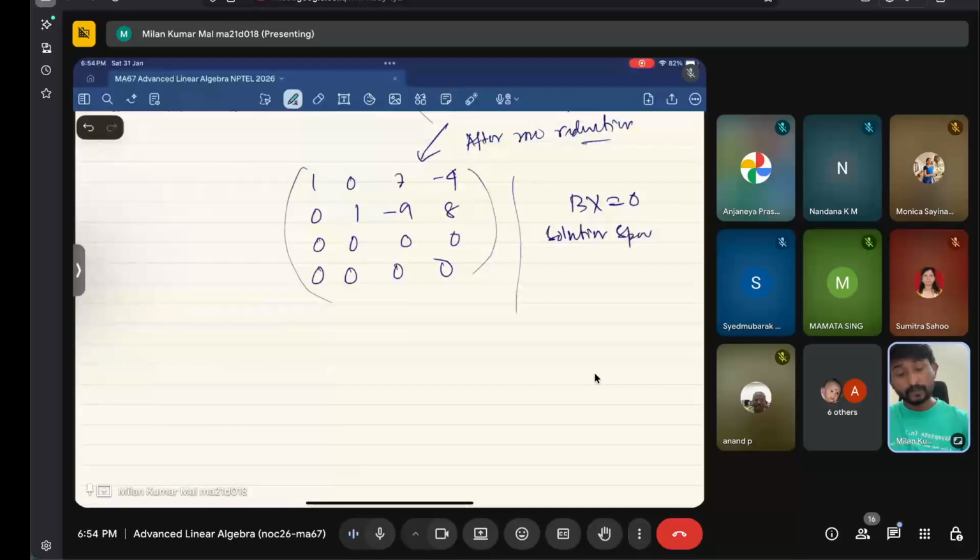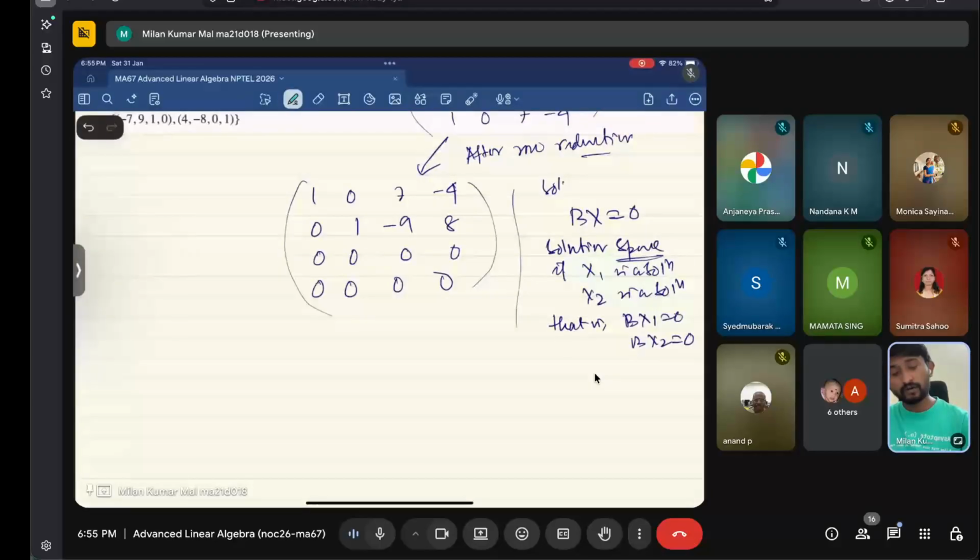Because if x1 is a solution and x2 is a solution, that means Bx1 equals 0 and Bx2 equals 0. So the solution space is all those vectors x in R4 such that Bx equals 0, and this forms a vector space.